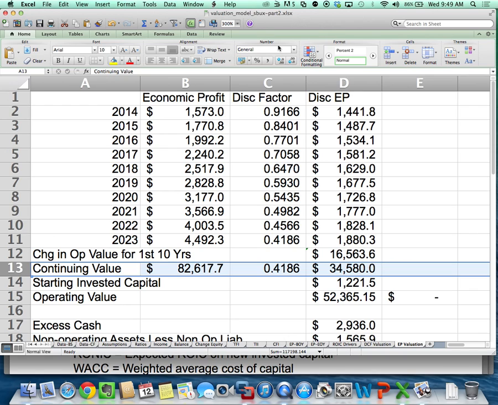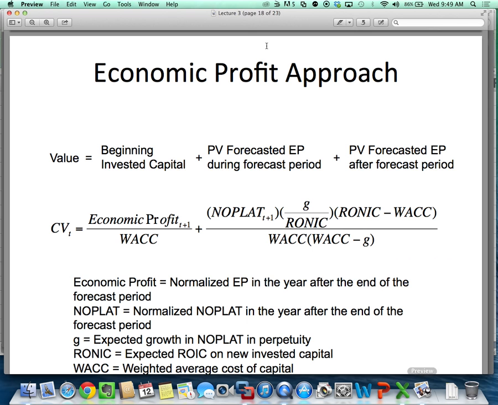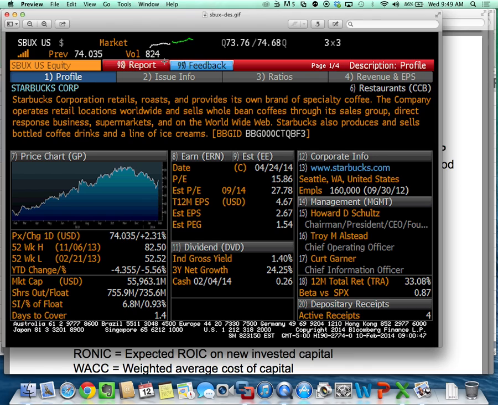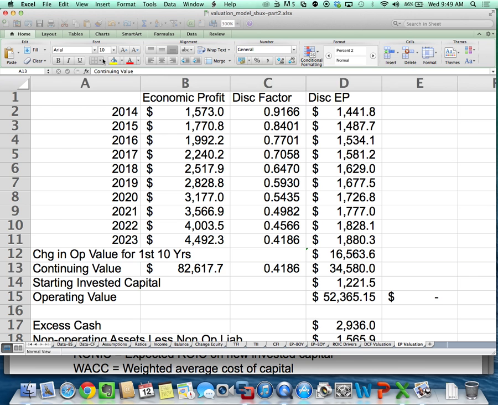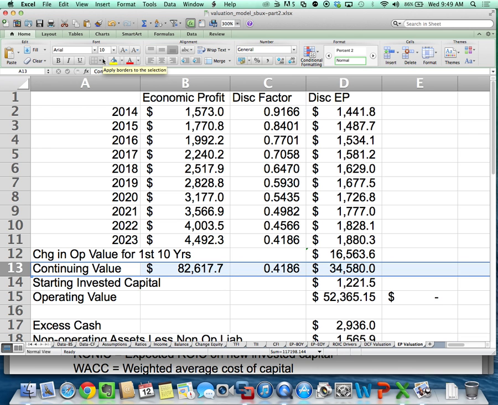So here's what I want to do. Starbucks on Monday was trading at $74.04 a share. So I want to get very close, I think plus or minus $1, to that share price in our model. So how am I going to do that?